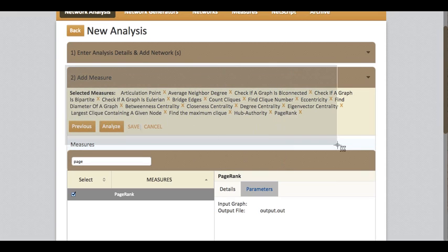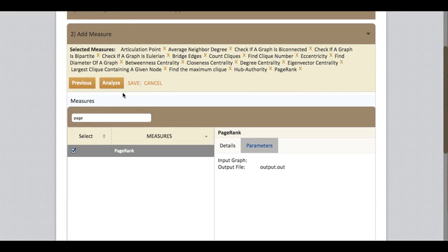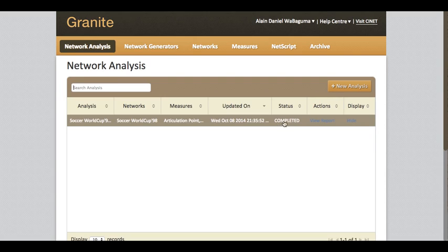Let's say these are the measures I'm taking. Anyways, great. Now that we have all this, I will go ahead and analyze. What? It's already completed. That was fast.